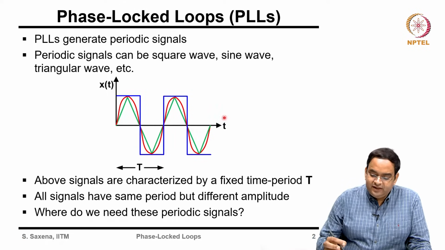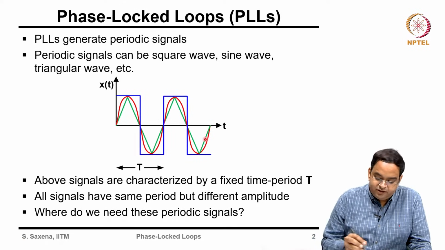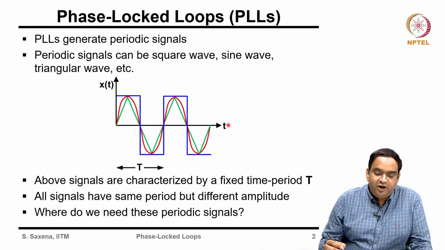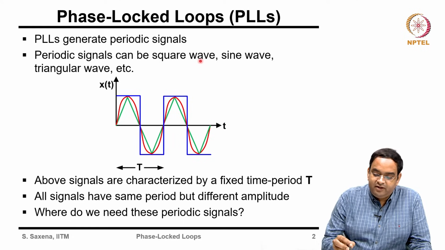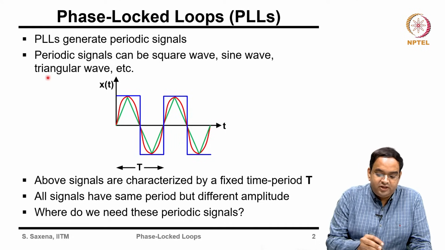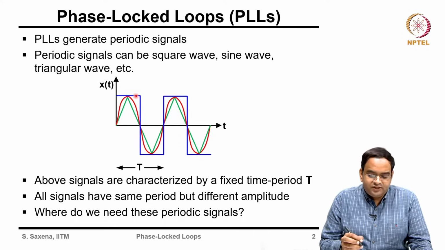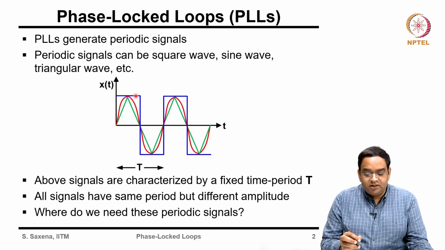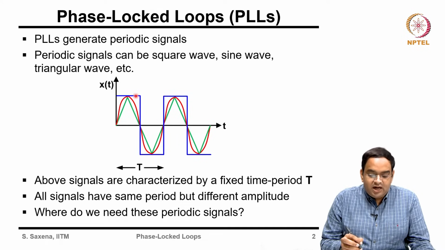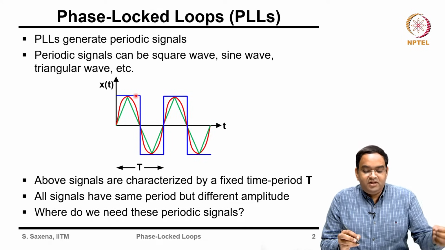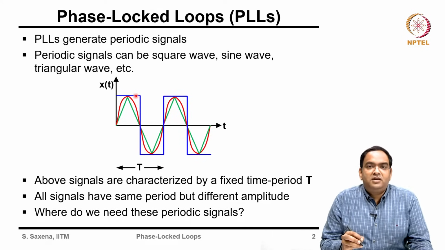So, these periodic signals, if you look at the diagram which is drawn here, they can be square wave, they can be sine wave, or they can be triangular wave, or any other signal. The thing which is associated with periodic signals is they are periodic in nature. They repeat after every some delta time.